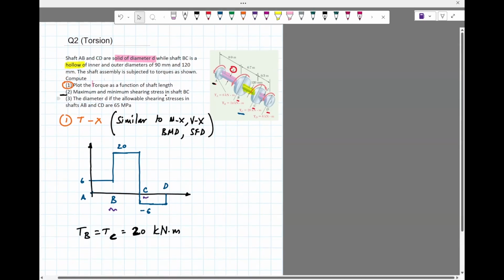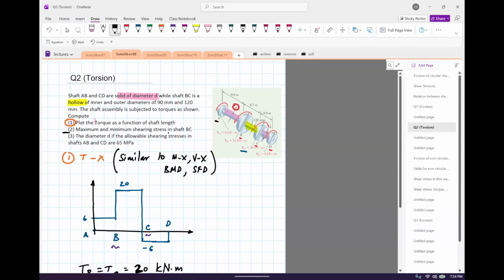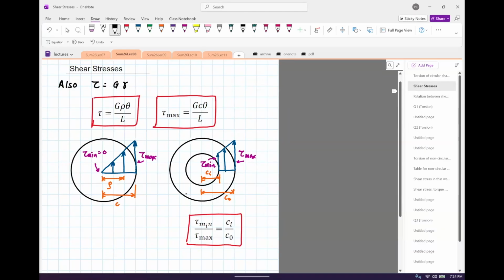Maximum and minimum stress in shaft BC. Now BC, remember, is hollow. If you go back and remember what I drew for a hollow shaft, the minimum stress occurs on the inner edge and the maximum stress occurs on the outer edge. The stress from minimum to maximum is directly proportional to the radius of the shaft.